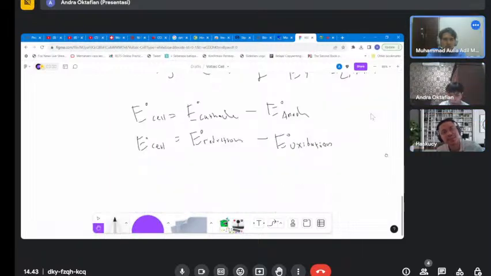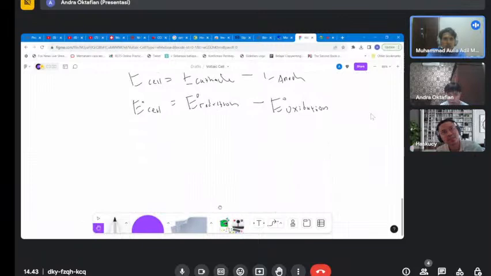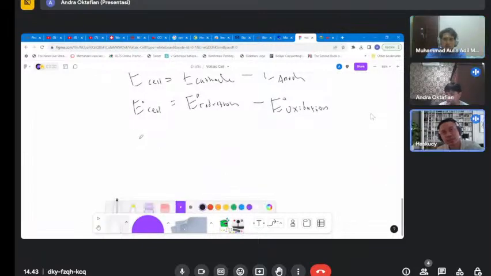But 0.8 should be multiplied by 2, right? Or not? We don't need to multiply it. Multiplication just happens for the reactions only, not for the voltage.